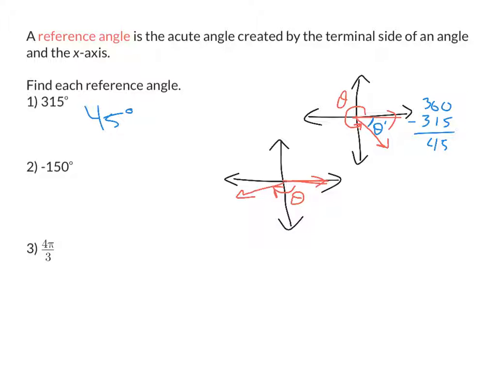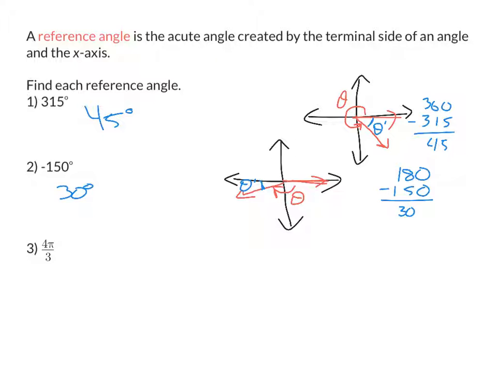And so this time, our reference angle is made over there with that part of the x-axis and the terminal side. And so that's our theta prime. And again, we went 150 degrees, and it's 180 to make a half circle. So 180, take away the 150 that we went, and it's 30. So our reference angle here is 30 degrees.